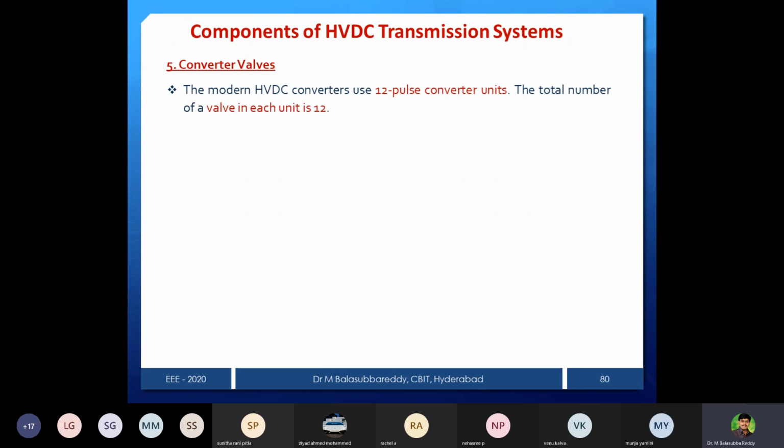You can see in the second unit they mention the DC and valve voltage waveforms with different values of alpha, it may be 30 degrees or 60 degrees, and the valve voltages and output voltages. They directly drew the waveform.